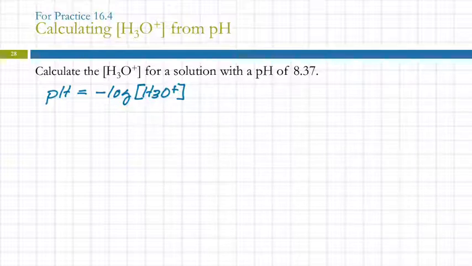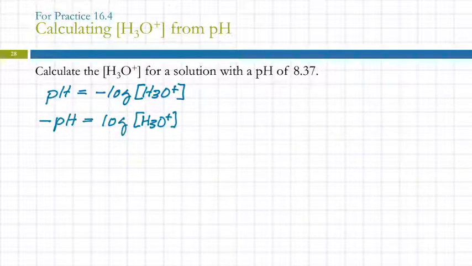Okay, so we've had a crash course in logarithms, right? How do we get rid of a logarithm? Base 10, the anti-log, right? 10 to the x. So what I want to do is move the negative sign to the other side. I'm going to multiply both sides by -1. So negative pH equals the log of the hydronium ion concentration.